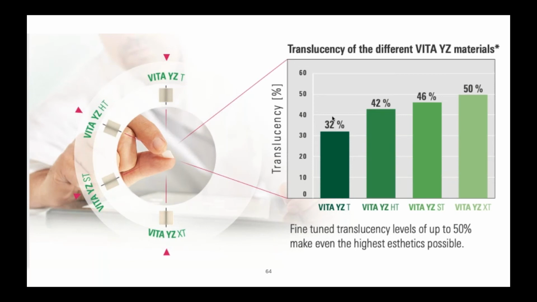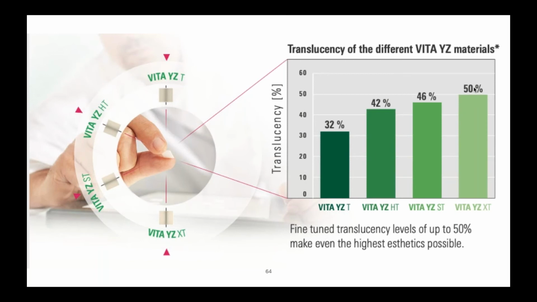It's hydrolysis. Then when you go to HT, the same thing. They just reduce the alumina content a little bit. And then with the ST, they increase the yttria and reduce the alumina even more, and you jump up to 46%. And the XT is about 50% translucent. And it can be pretty darn translucent.